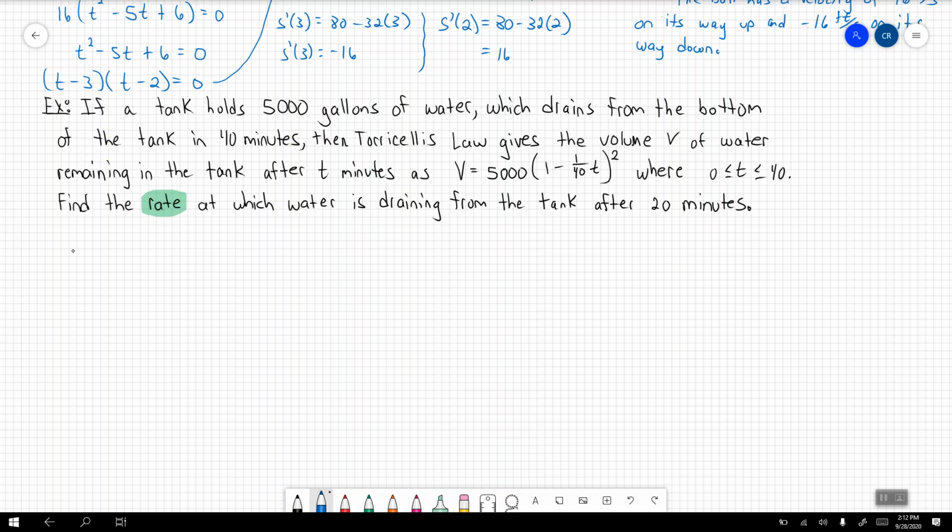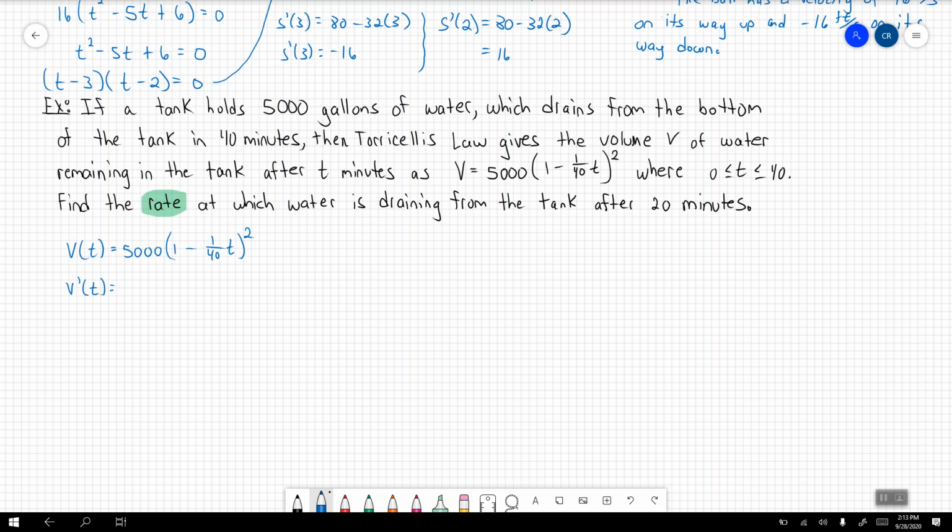So when I take my function V, where V has the variable t, volume as a function of time, this is 5,000 times 1 minus 1 over 40 t, quantity squared. And we're going to take the derivative. In other words, we're going to apply the derivative with respect to t.